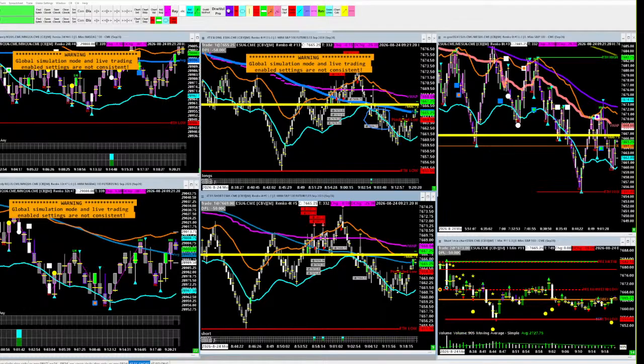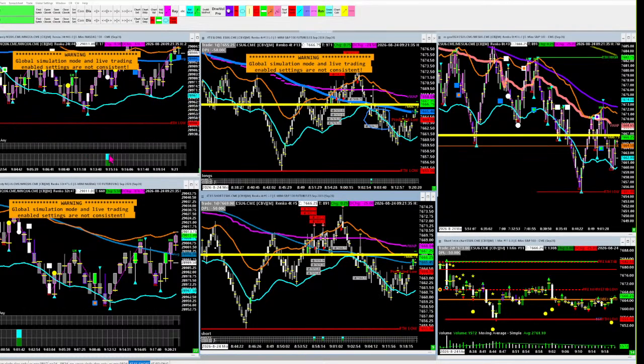Remember, we have two sides of this story pushing, right? Two sides. NQ's positive on adding liquidity. ES removed liquidity. It makes the day harder. It's the first thing that I wrote: makes the day harder, right?